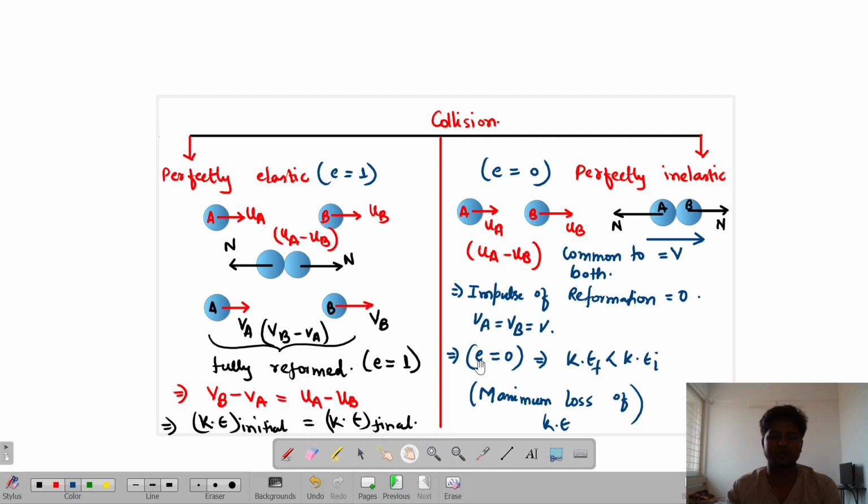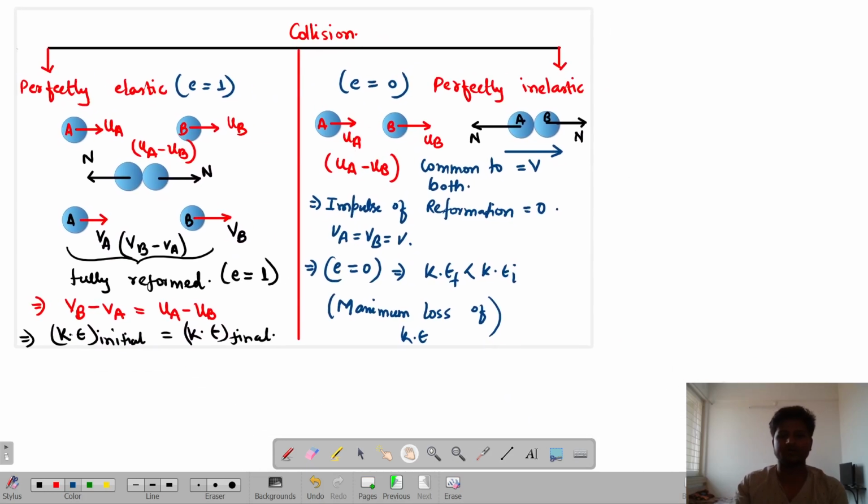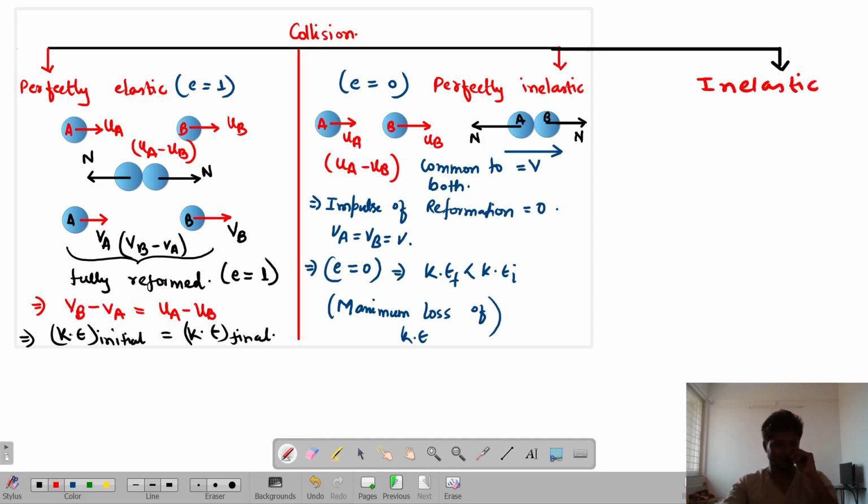Now let us talk about the third case, which we call inelastic collision. Just inelastic collision. Are you able to get me or not?